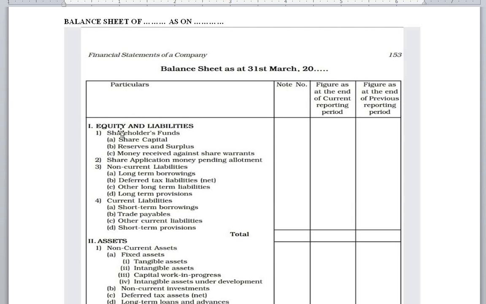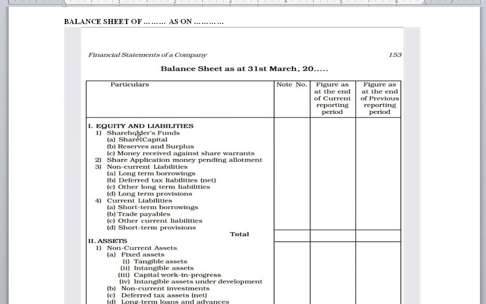That is why this side is on the whole known as equity and liabilities. When you write down the transactions coming under equity, only the shareholders' fund will come. All other non-current liabilities and current liabilities come under the heading liabilities. So I will discuss equity first and then I'll go towards the liabilities.